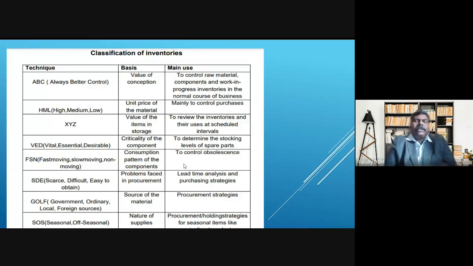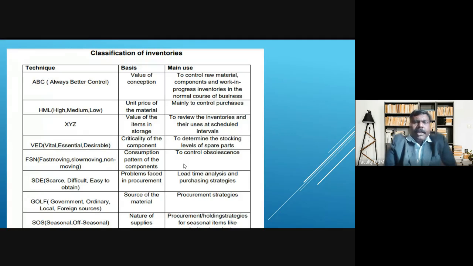The first classification technique is ABC, always better control, and the basis is value of consumption: A items value, second items value, third and so on. It is used to control raw materials, components, and work in progress inventories in the normal course of business. In the next slides, we will see examples and in depth what is meant by ABC analysis.